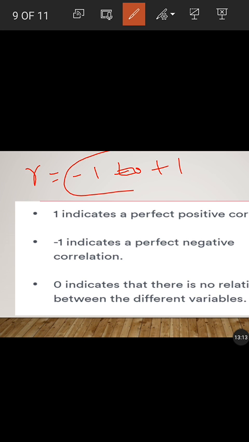If the value crosses 1, that is, if you get the answer as 1.5, it is wrong. The value should be exactly -1 or +1, or less than 1, or it can be 0 also. It should not be more than 1.